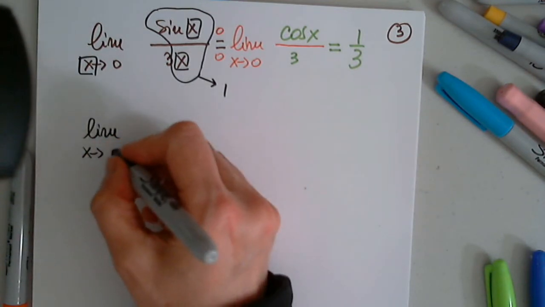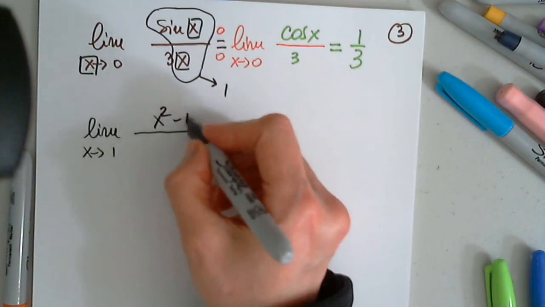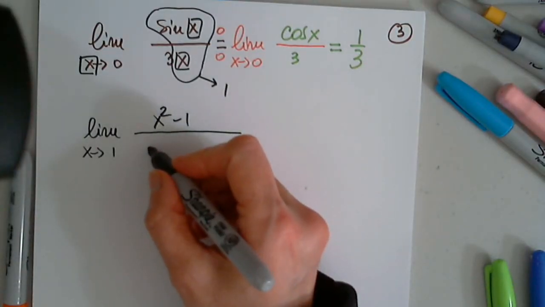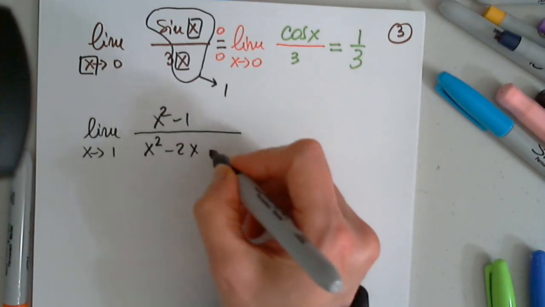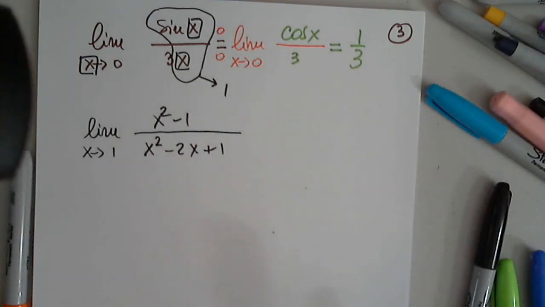Limit as x approaches 1 of x squared minus 1 over x squared minus 2x plus 1. Okay. What type of limit is it?